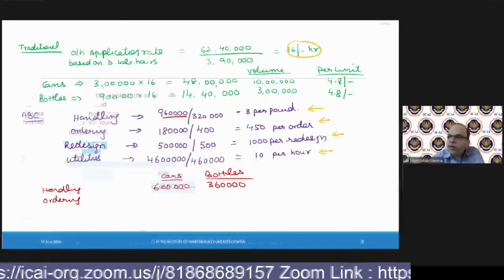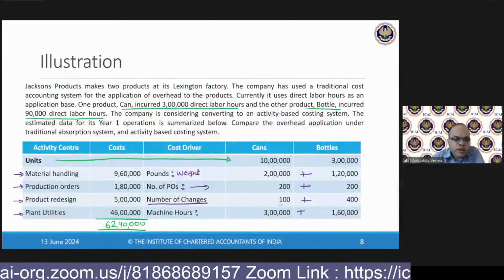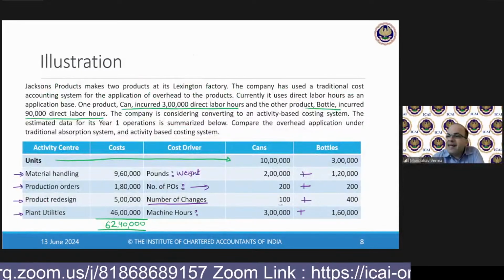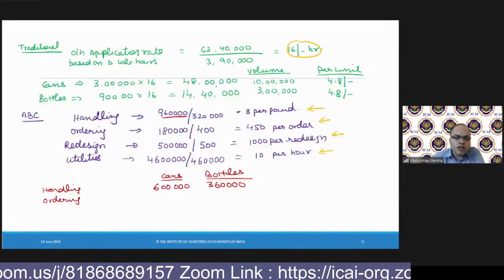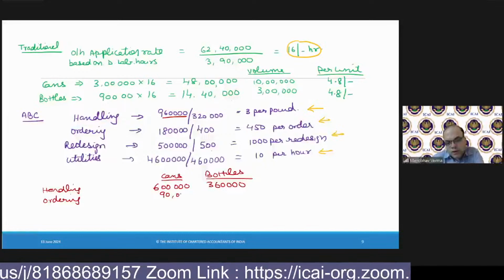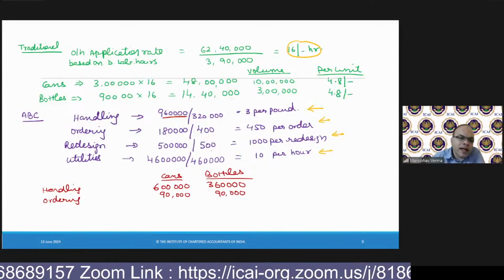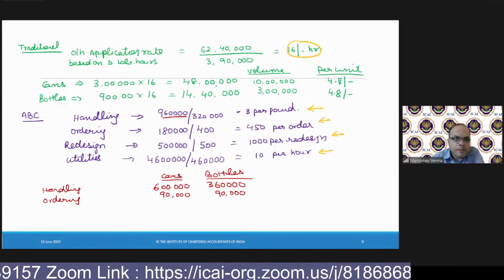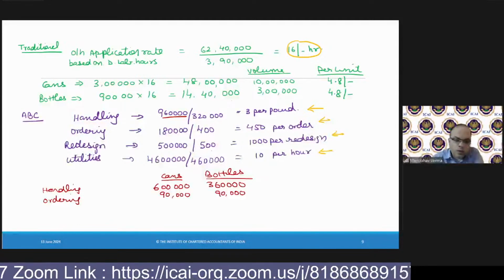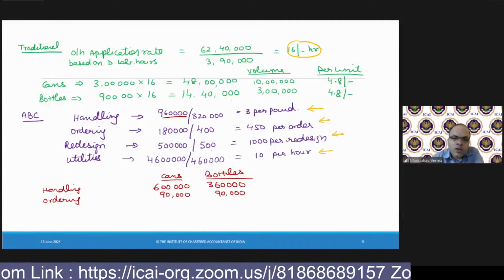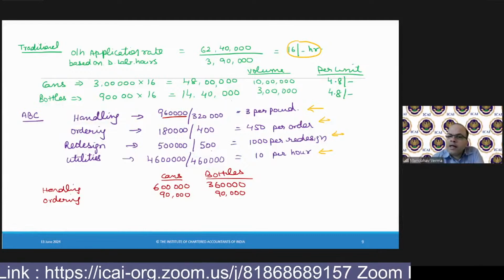Ordering, we had 450 per order, which seems 200 each. So that means 90,000 for both the products. I hope you guys are getting how we are calculating these numbers. If not, please let me know, I can again repeat. Handling cost, we calculated based on the activity.